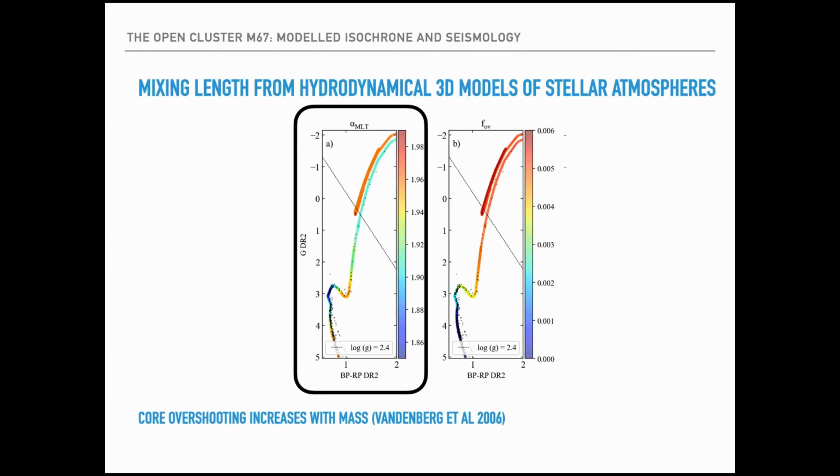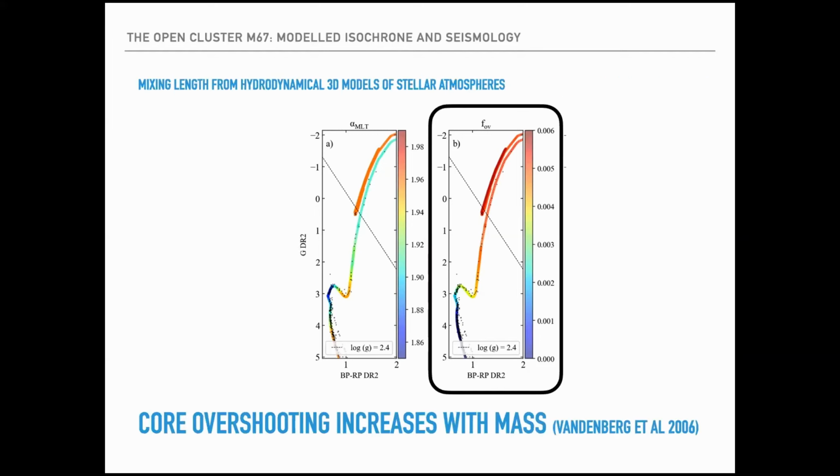So the other thing that we took a lot of care with was the core overshooting. So the core overshooting is also normally used as a fixed value, but we chose to use the expression by Claret and Torres, which gradually makes the core overshooting extent increase with mass. And we calibrated that expression to our cluster M67, which is shown as color in that highlighted panel.